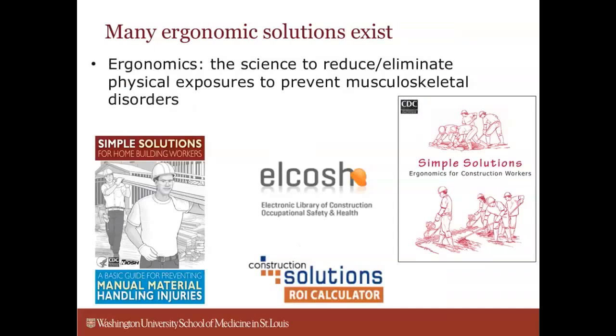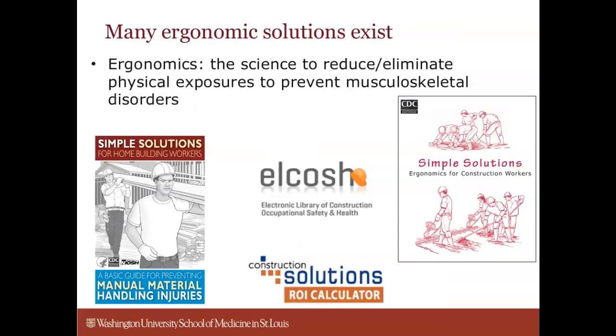So the solutions, or how we reduce these risks for musculoskeletal disorders, is through ergonomics. That is the science that leads to prevention or reduction in the physical exposures. Again, those were the forceful exertions, repetitive movements, hand vibration, and awkward positions.